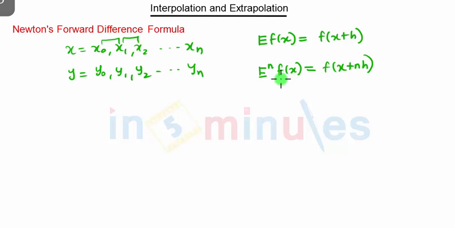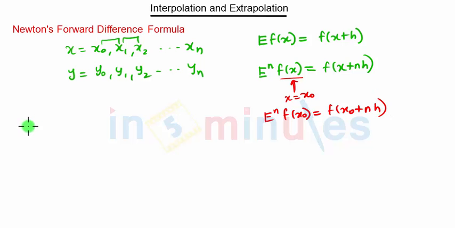Here for x we put x equal to x0, that is the first term. So we will get E to the n of f of x0 is equal to f of x0 plus n times h.